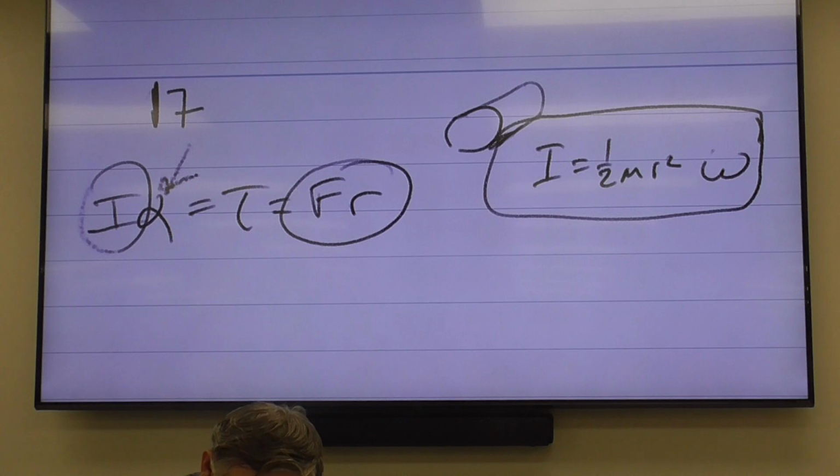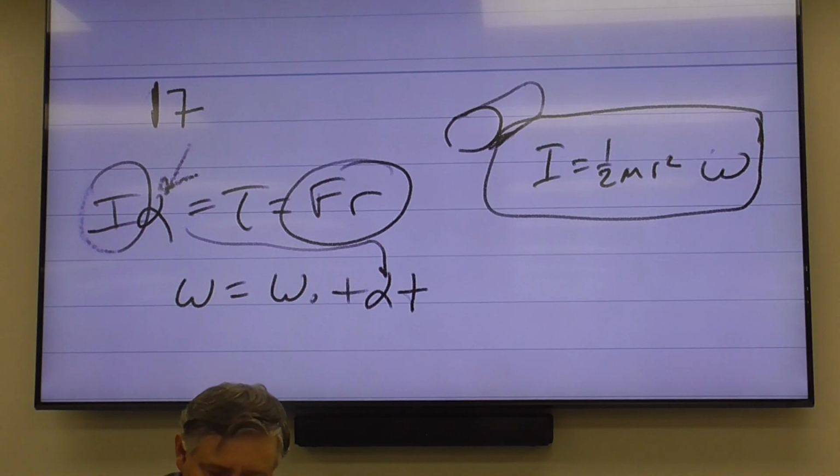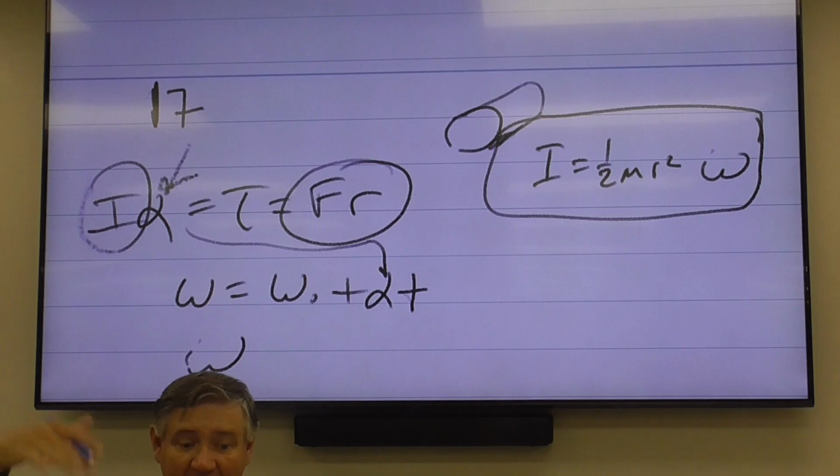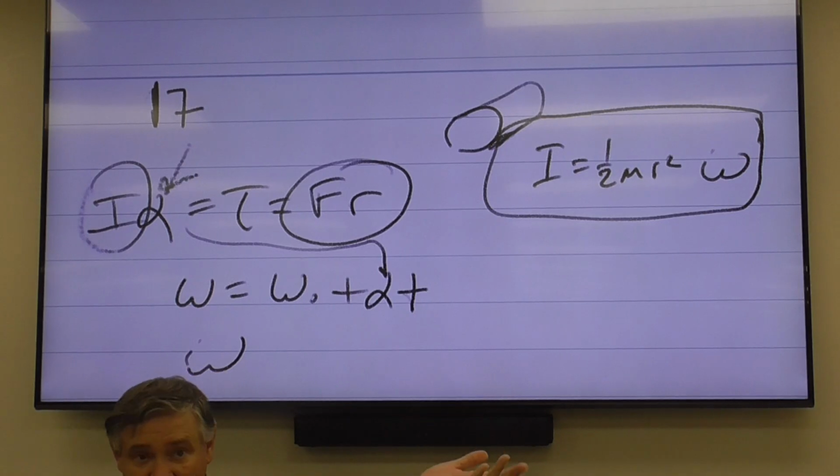Then once you get that, omega equals omega naught plus alpha time. So you know how fast it's spinning at the beginning, that 3.70. You're going to take that acceleration and you know the time. And then you find the new angular velocity, which oddly enough has to be bigger than 3.70 because of the fact that it's speeding up.